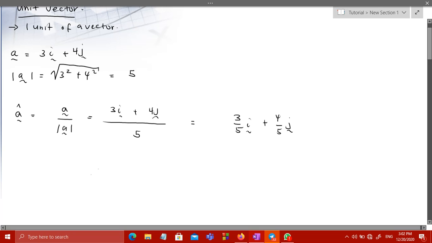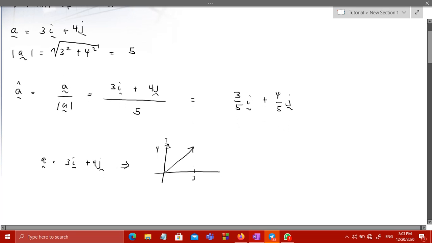If we have a vector A that looks like this, with component X being 3 and component Y being 4, it looks like this probably in the Cartesian plane. So this is vector A.